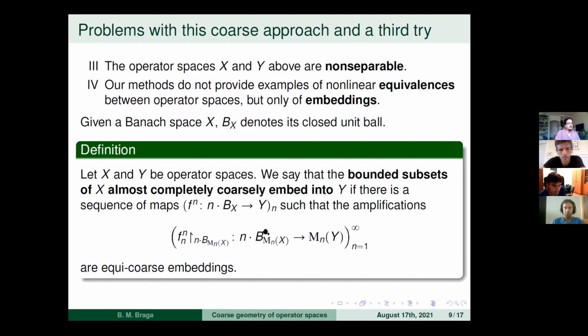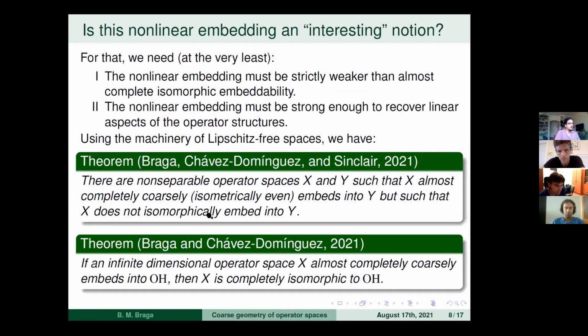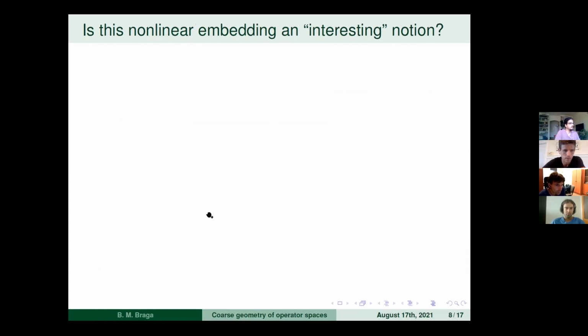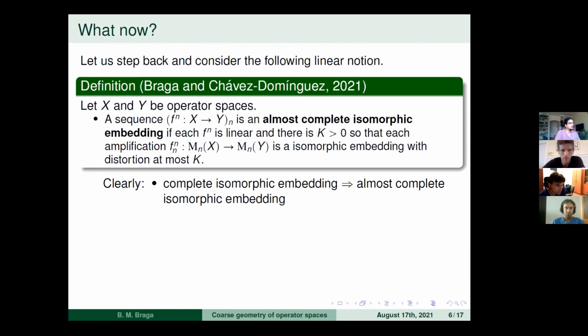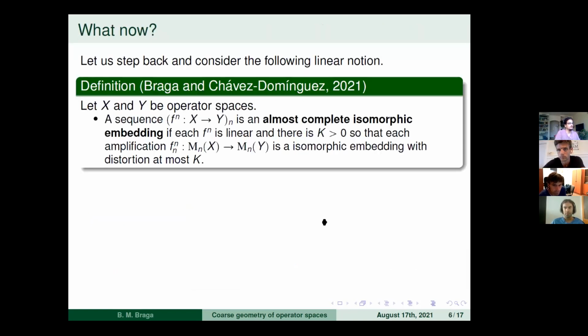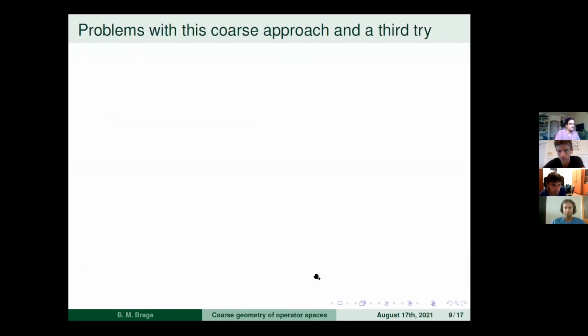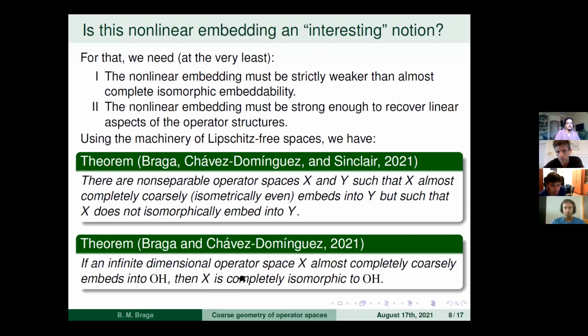But since you now have a complete Lipschitz embedding, because of this other result of ours here, the map actually needs to be R-linear, and then you have the embeddings you want. But yeah, that's the gist of what we're doing for OH. That's how we get this very strong complete isomorphic embeddability to OH. So yes, you can play around with ultrapowers just as you do in Banach spaces. Thanks. Thank you.